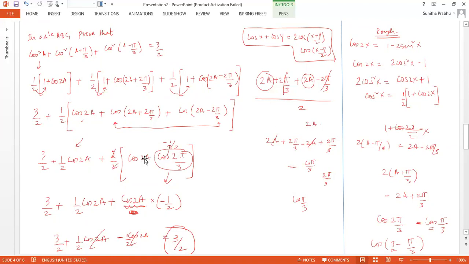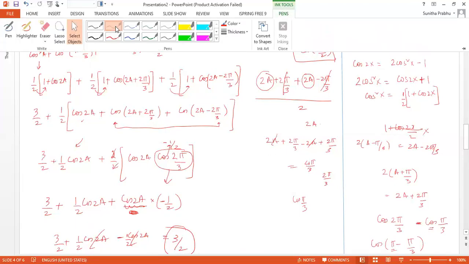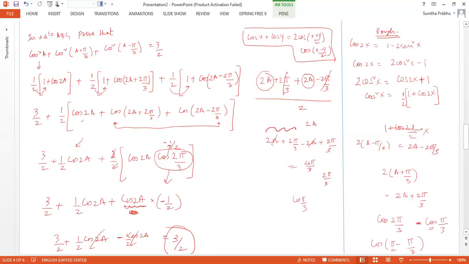Are you able to understand? Yes, sir. And cos of x minus y will be, this is x, 2a plus 2 pi by 3. This whole thing is x, minus this whole thing was y, 2a minus 2 pi by 3 was y. So when you have minus, it becomes minus 2a plus 2 pi by 3.